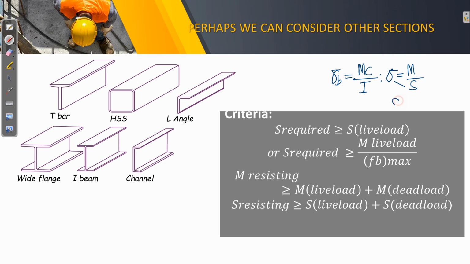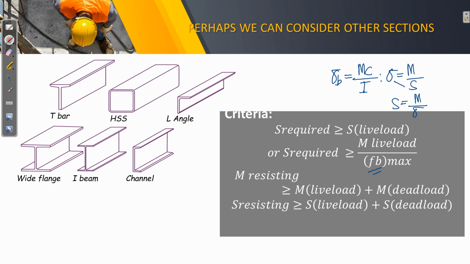so that we can have this expression S is equal to M over sigma, or this is actually the flexural stress, or FB. In some books, this is denoted by FB. Okay, stress bending. So this is maximum since we are dealing with the plastic section modulus.